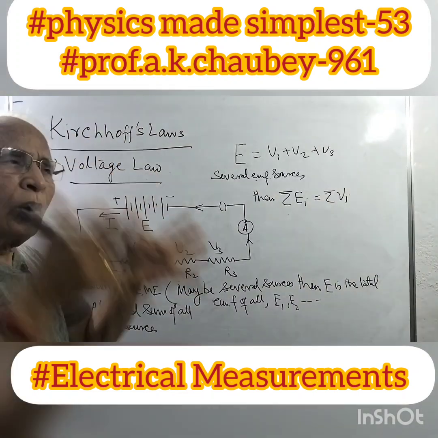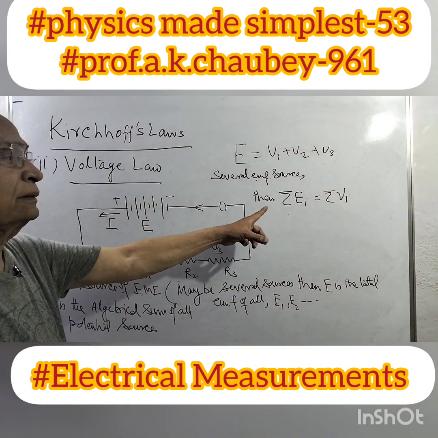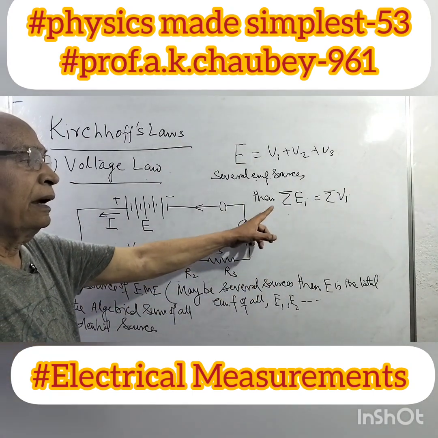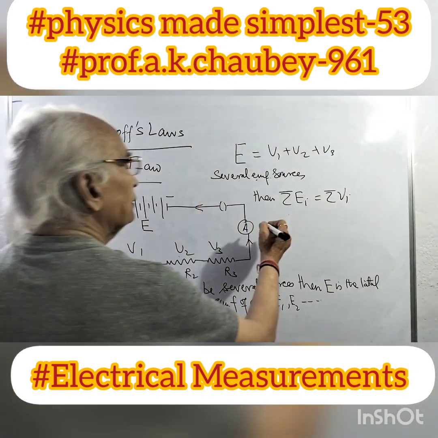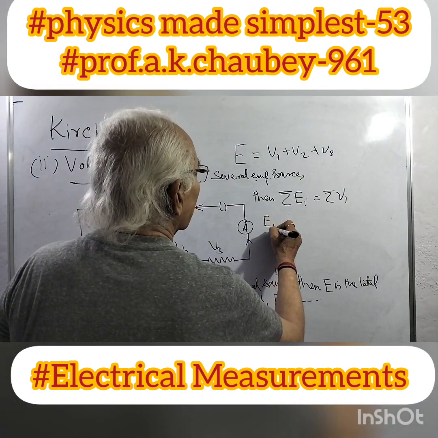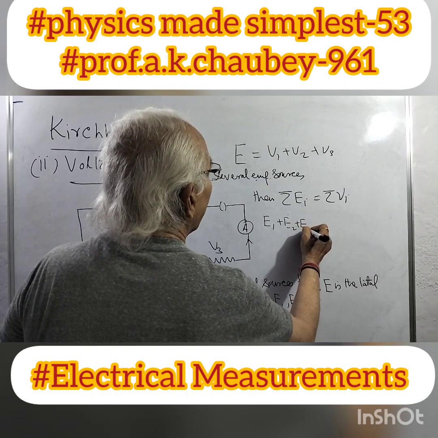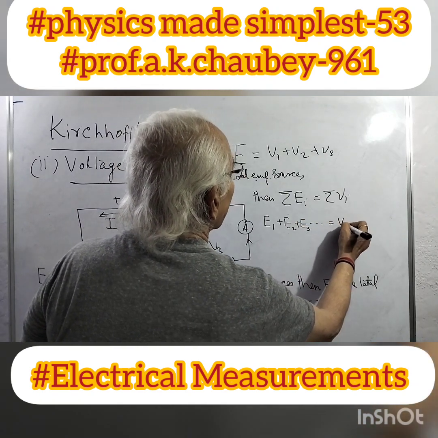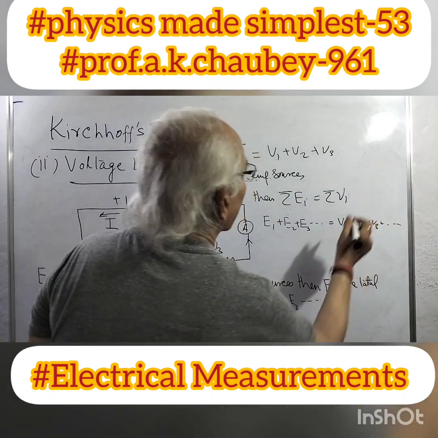That is the voltage drop across the various elements added together algebraically. Summation means plus and minus, and Ei means all the EMF sources, E1, E2, E3, etc., must equal V1, V2, V3, etc.